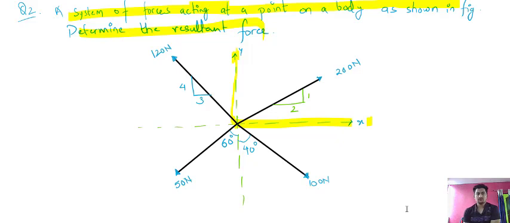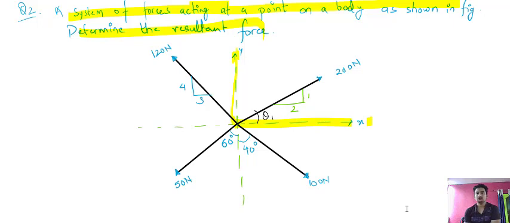So now first of all you need to calculate the angles for those which have not been given here. The ratio of the inclination has been given, that is 2:1. You need to calculate this angle; suppose this is theta 1.